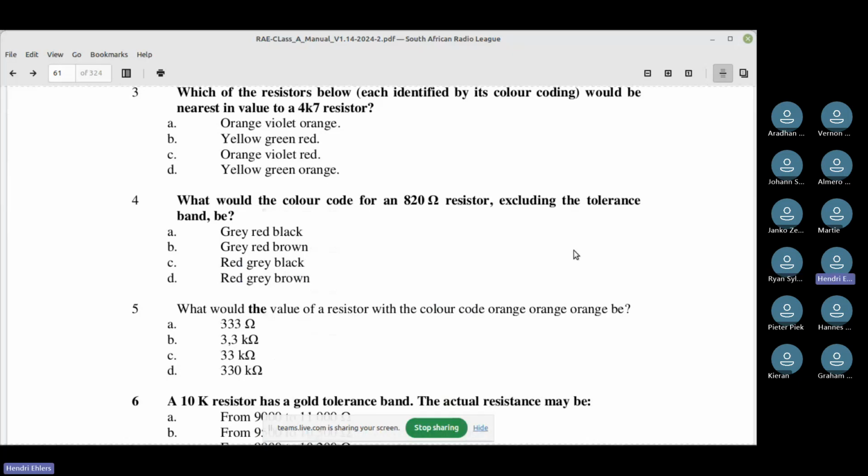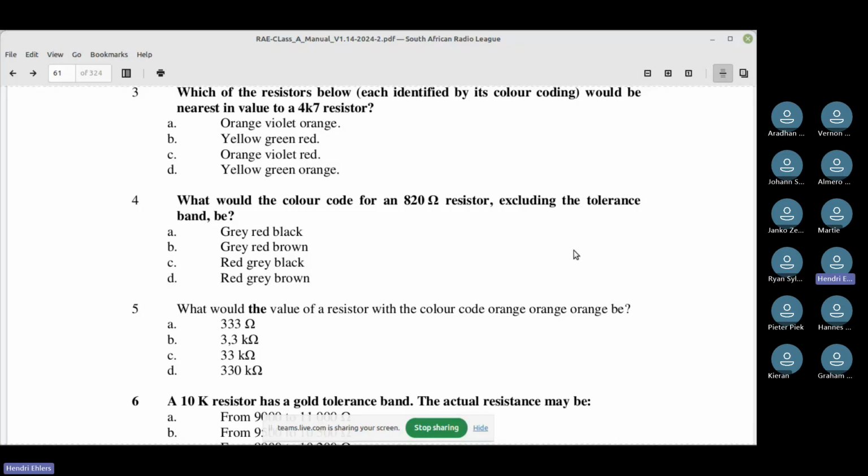So it must start with yellow and it must end with violet. But there isn't something like that. Yellow, green. Green is 5. So we want a red at the back. Yellow, green, red would be the closest. Do you guys agree with me? B. Okay, good. If everybody agrees on B, then I say it's B.